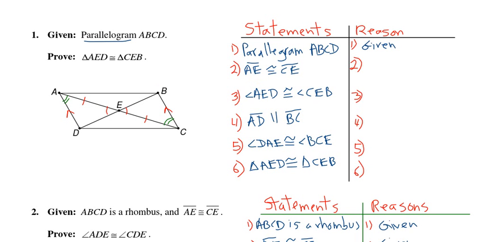We will not simply say property of a parallelogram. There are many properties, so we have to be specific. And here, the property that we're using is the one that says diagonals of a parallelogram bisect each other. We can draw a little parallelogram, that is acceptable also in the reasons.